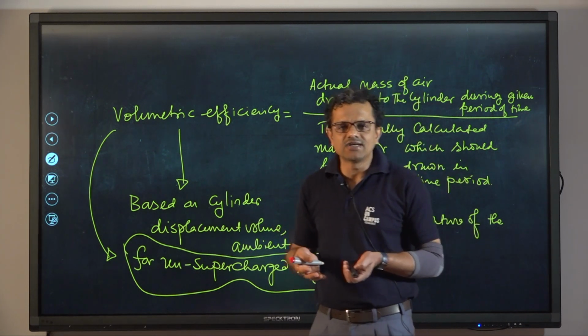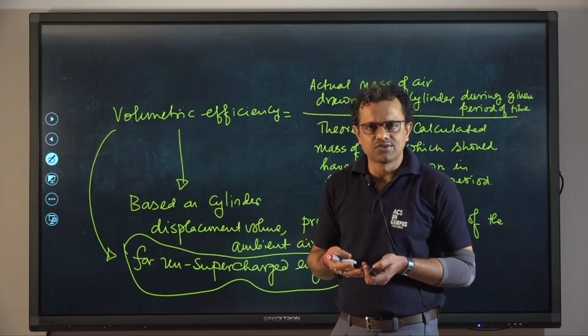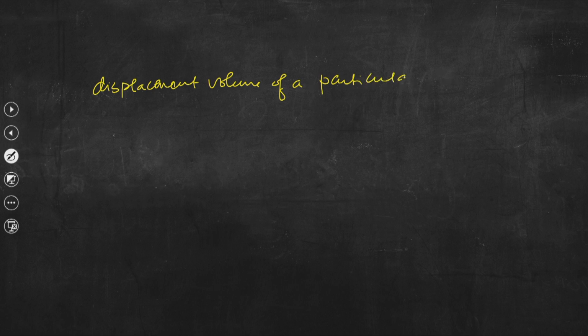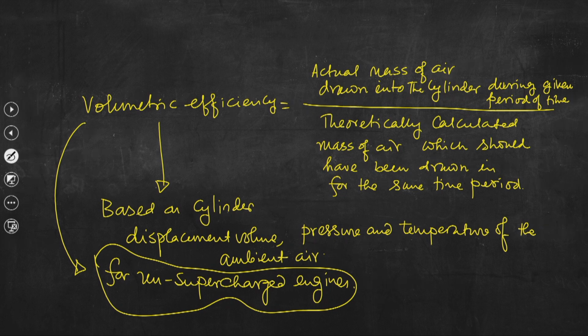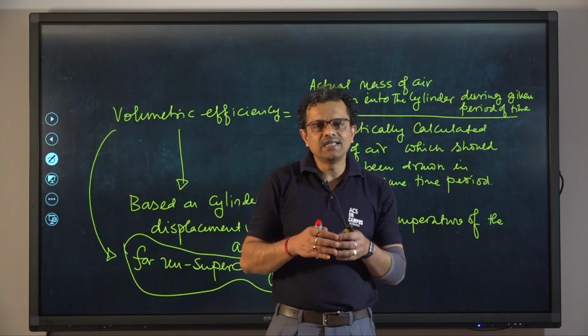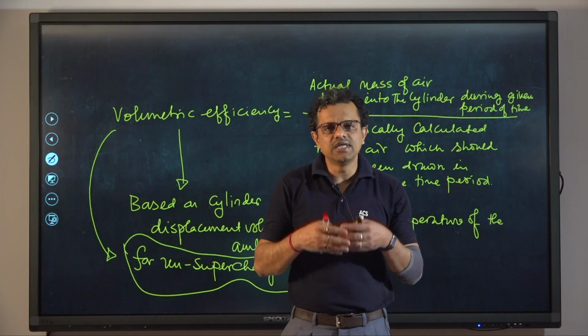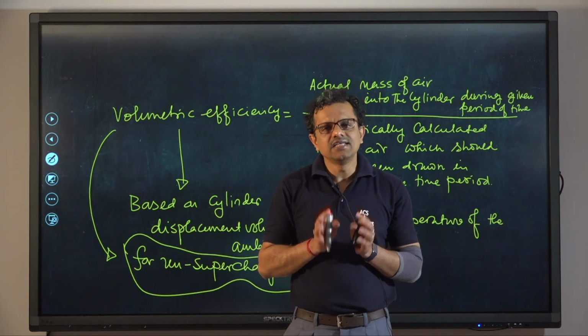Efficiency cannot be 100%, that we have studied in our basic thermodynamics course. So, mathematically you know that if the displacement volume of a particular engine is Vs, then the mass of air to be drawn into the cylinder per cycle is very important.